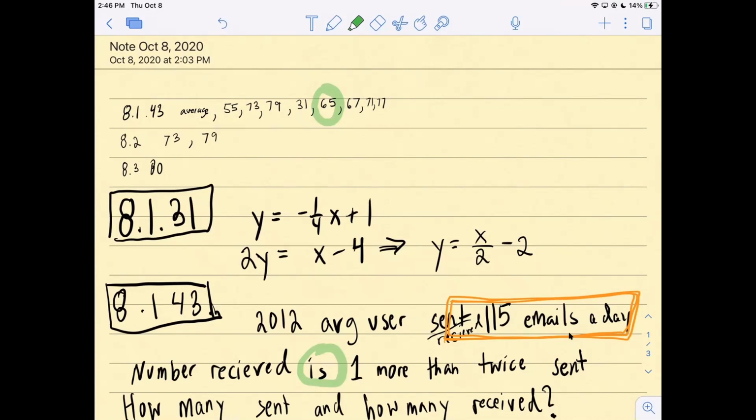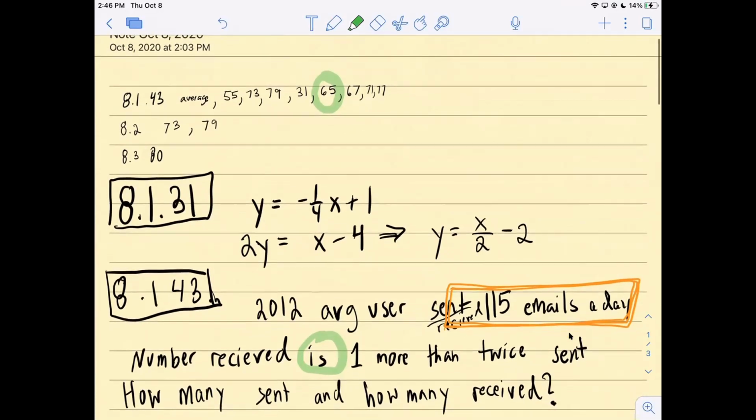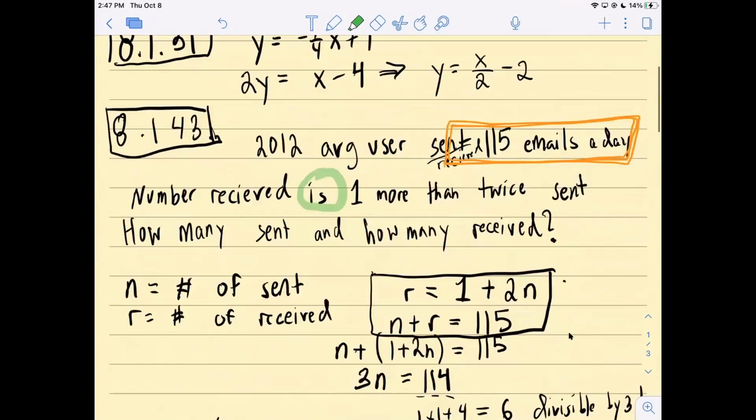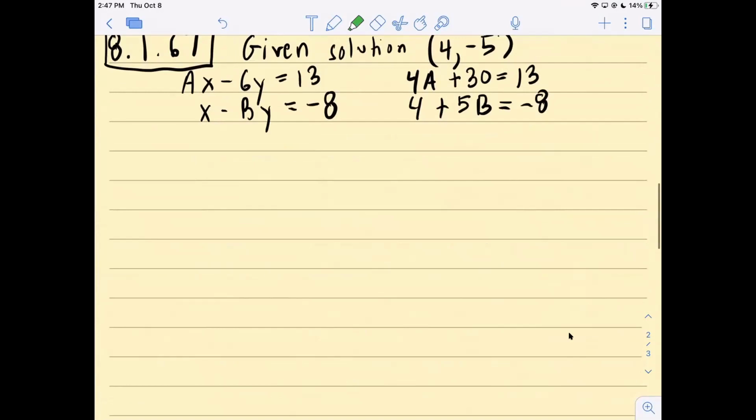Okay, let's do 73. So this is 8.2, 73. And then I want to do a few problems continuing on setting up these dirt problems.